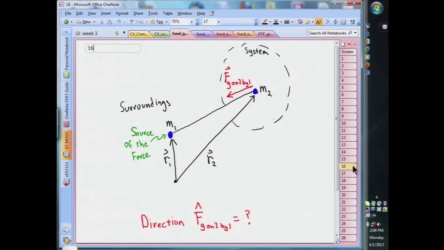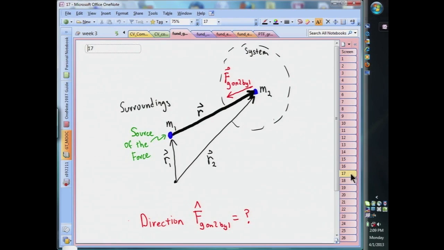Now, if we think about starting at the source of the force, the mass m1 in the surroundings, then there is a vector we'll call r that is parallel to the line joining the masses. The vector r locates where our system mass m2 is with respect to the source of the force m1.